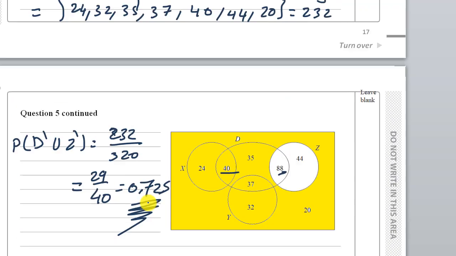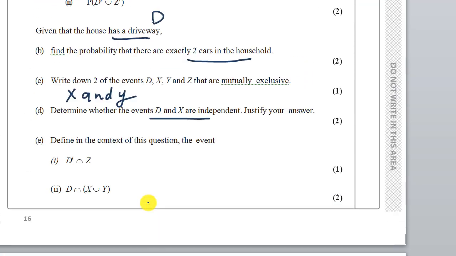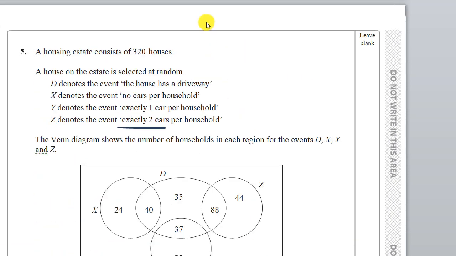Okay, so let us go to another part. Define in context the events D dash intersected with Z and D intersected with X union Y. So let us define. Now D is the house has a driveway.